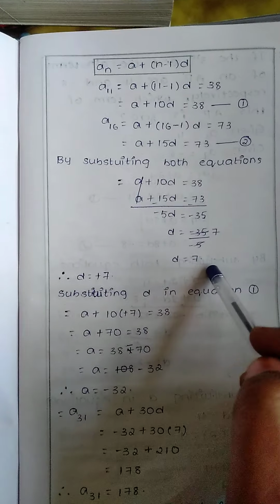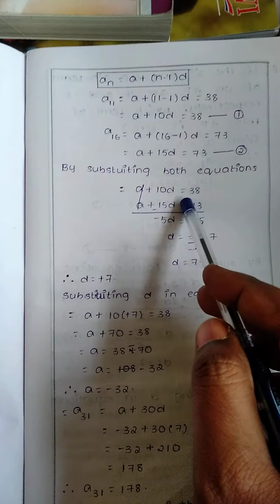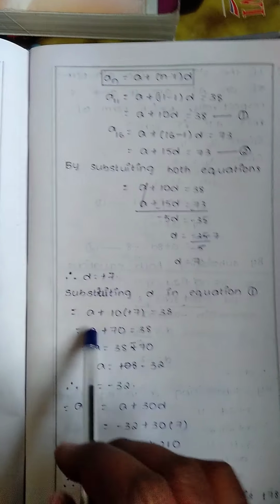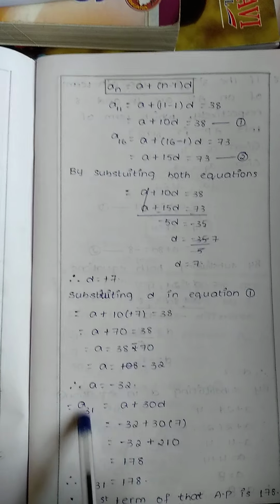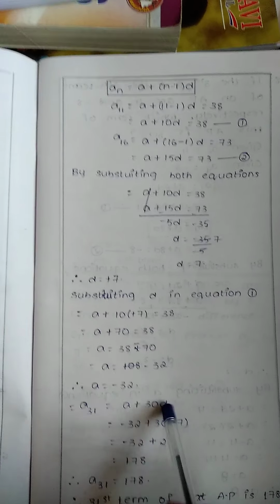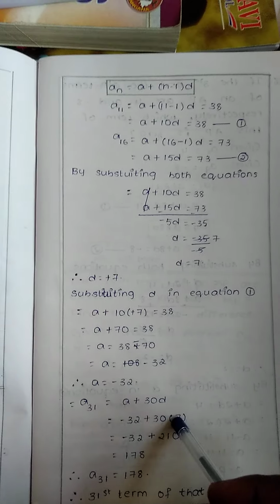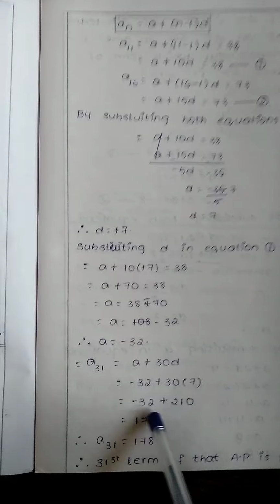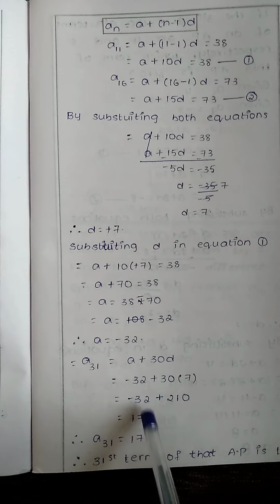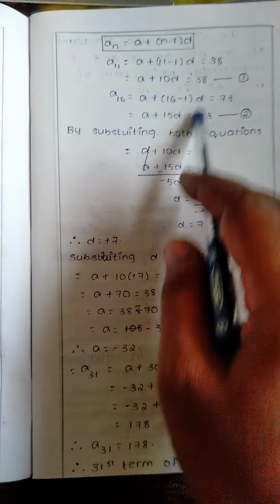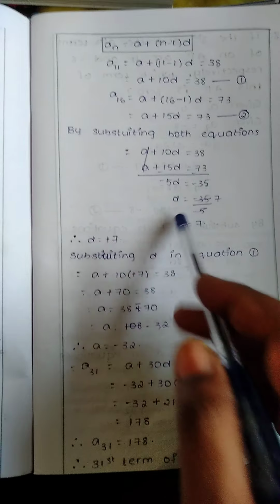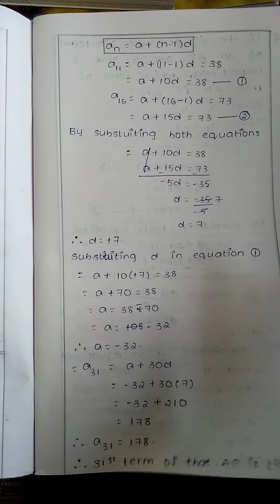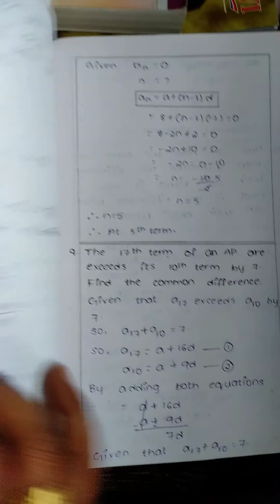Once you get the D value, substitute it in any one of the equations to get the value of A. Then we want A31, which means A plus 30D. Substitute the A value and D value, and you will get the value of T31. Once again, I am not explaining how to eliminate, I have already explained it in the last video. Now going to the next one.